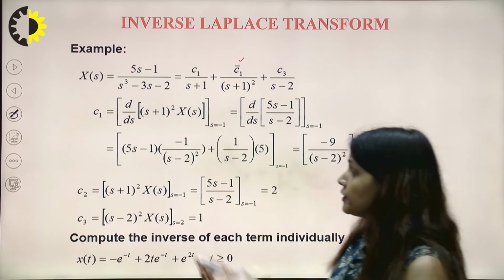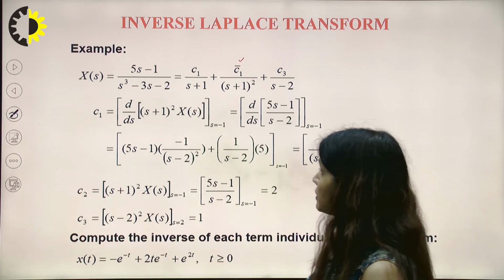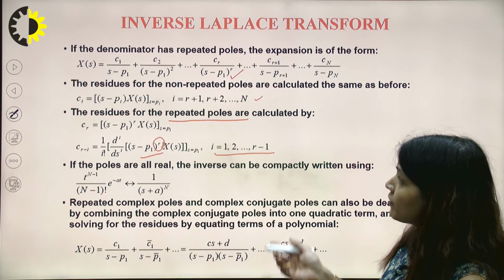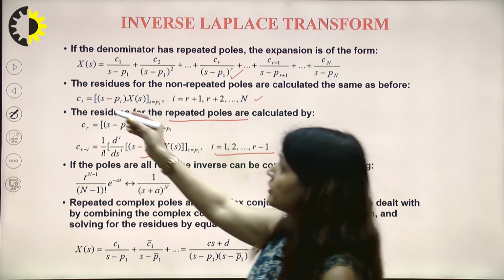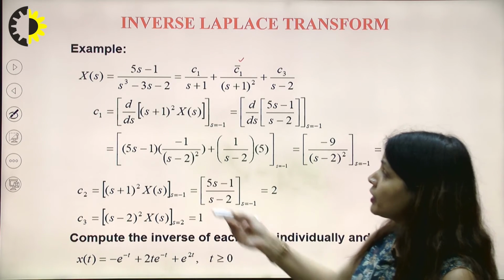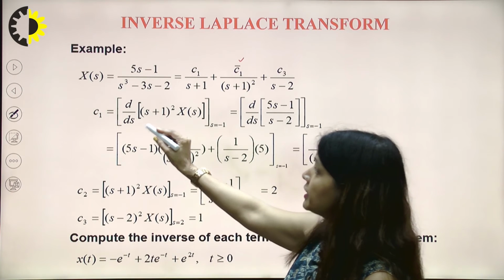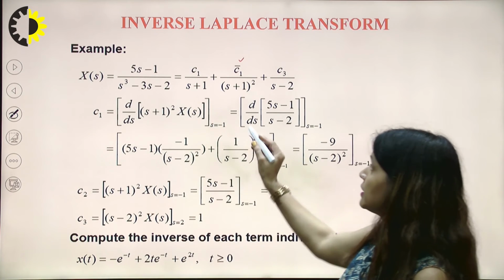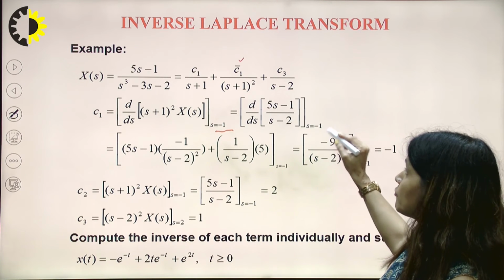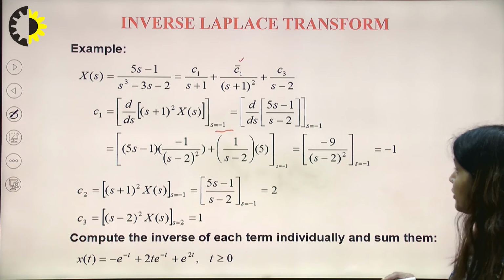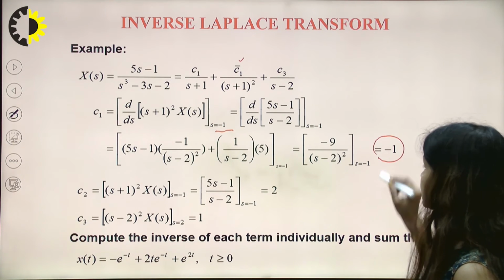For this we will proceed by the normal procedure. Since C1 is repeating, if C1 is repeating, then we can put the formula as d upon ds of (s plus 1) square X(s) at s equal to minus 1, and we will perform the differentiation process, and putting the value of s equal to minus 1, we can get the result as minus 1.